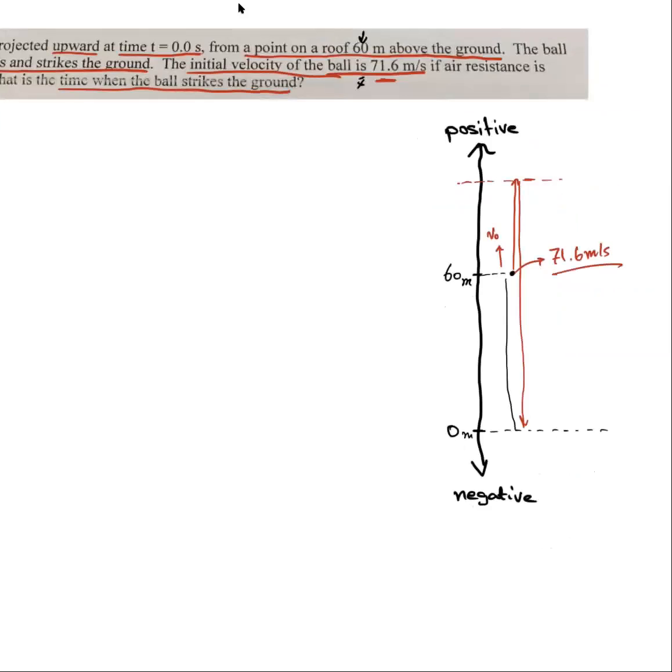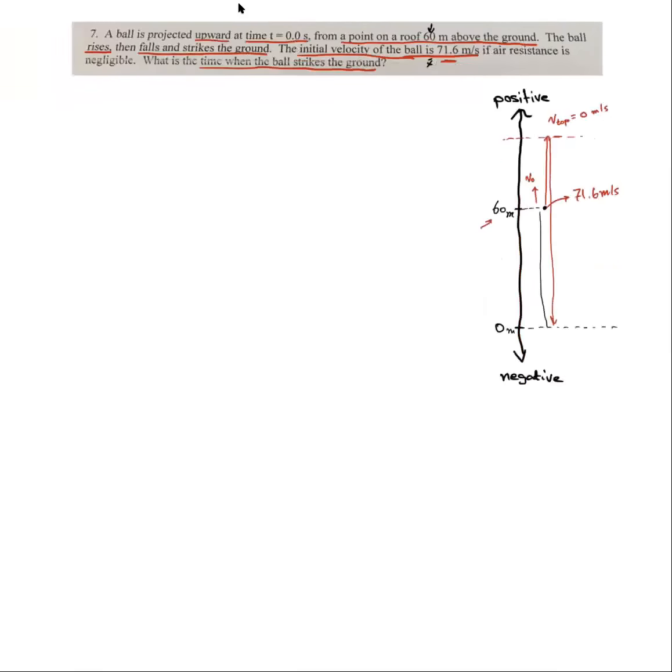We know the velocity at this point. We can call it v top equals 0 meters per second. And we know the height of the roof. So we'll take this information and, as we did in the previous problem, we're going to write our knowns and unknowns.